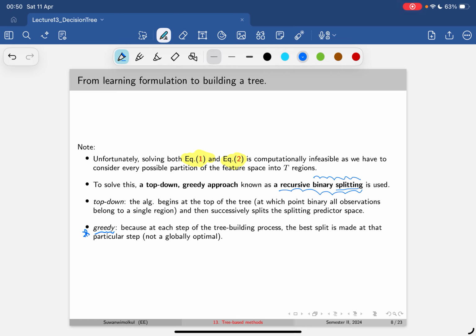I will not go over the other types of splitting because it's not easy to illustrate, but if you have some time, I recommend you go over a website that could show you what the binary tree would look like with different configurations. But that one we will provide as an example at the end of the class. But right now, let's go over what the decision tree is as an algorithm.